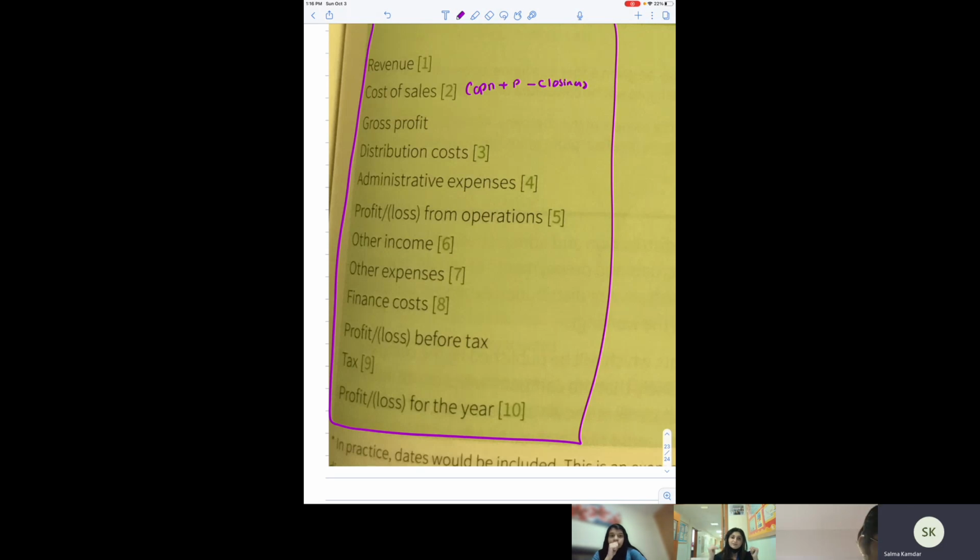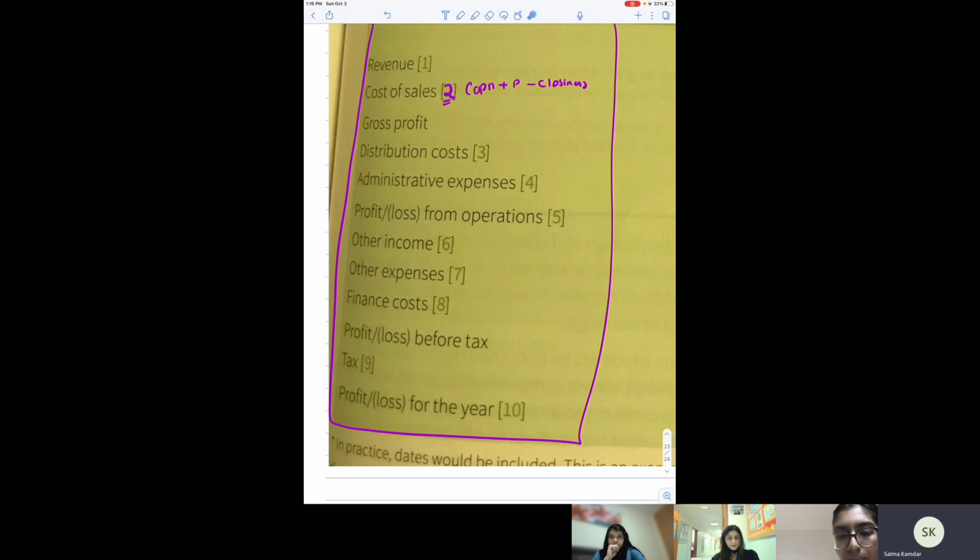But whatever adjustment you want to make, you make it in a working note. And that is why they've given this working note number 2. Then revenue less cost of sales, gross profit. Anything up till here, anything that you are not understanding?